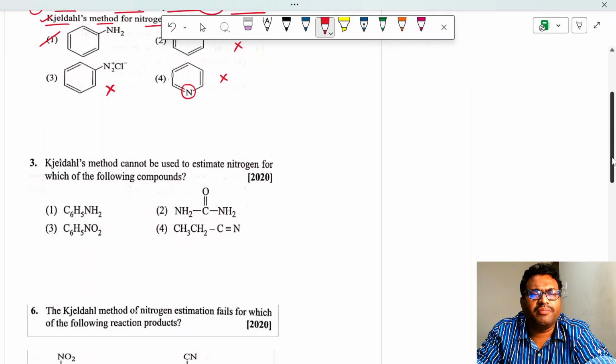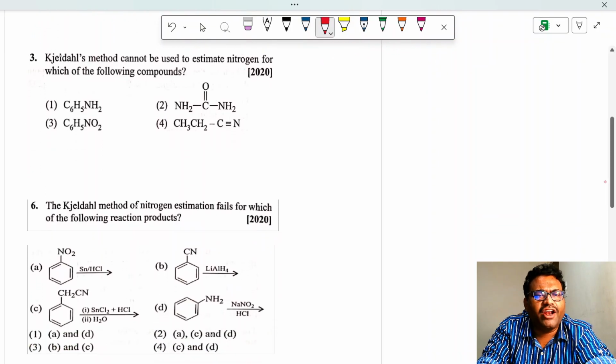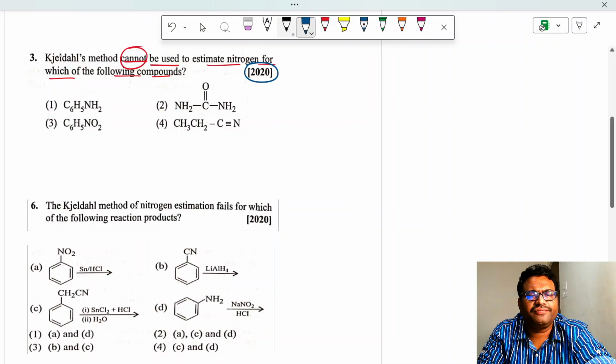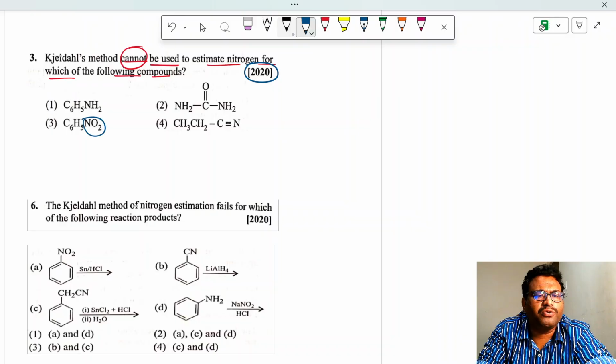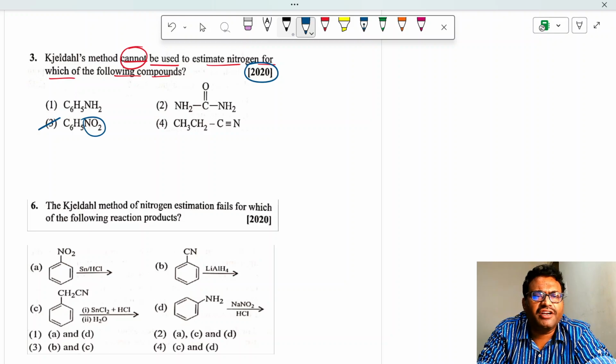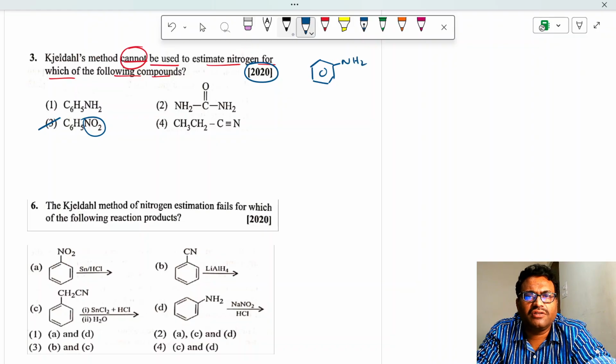Next, coming to the question asked in 2020: the Kjeldahl method cannot be used to estimate nitrogen for which of the following compounds? Now we have seen if it contains nitro group, it's not possible. Aniline: is there nitrogen as nitro, nitroso, in the ring, or diazonium?